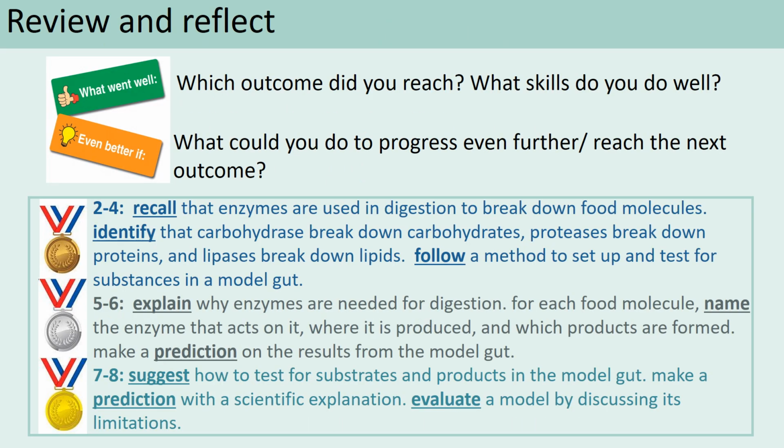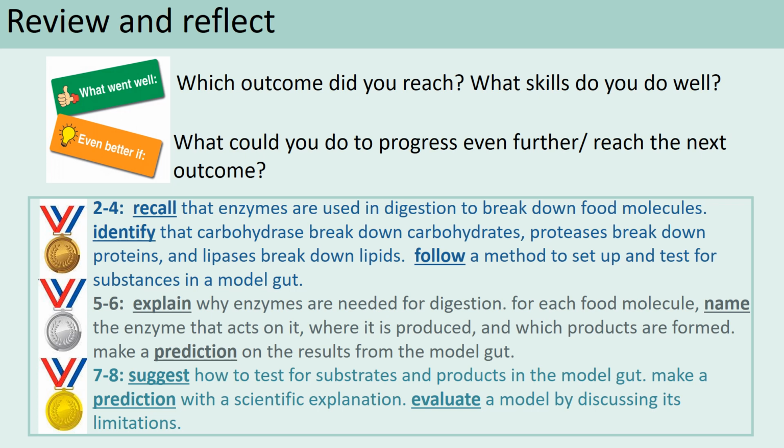So hopefully from these lessons we should be able to name the 3 main groups of enzymes. Hopefully we should be able to give the example of carbohydrase, which is amylase, and the example of the protease, which is pepsin. Hopefully we know how to test for the different substances.